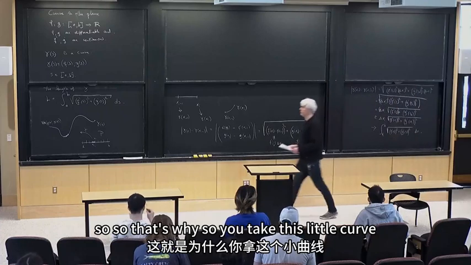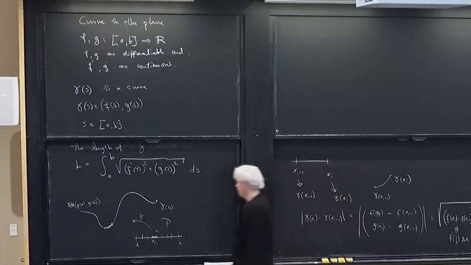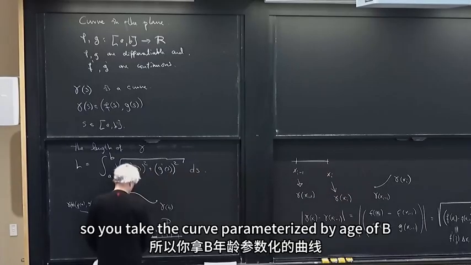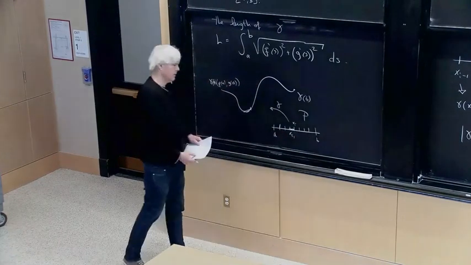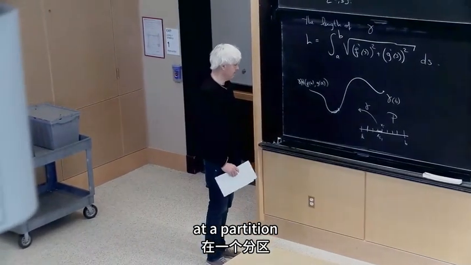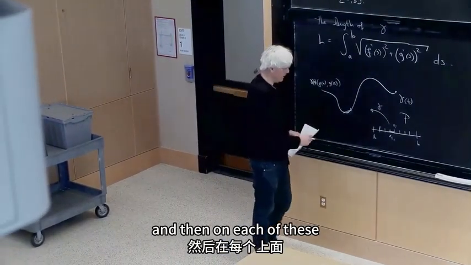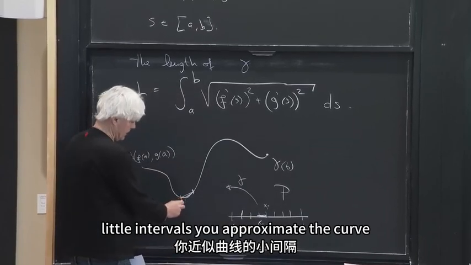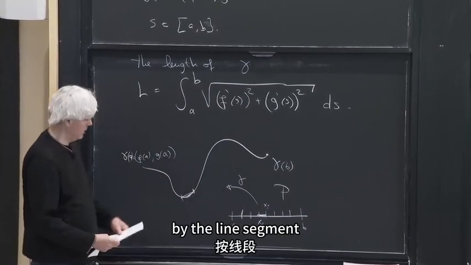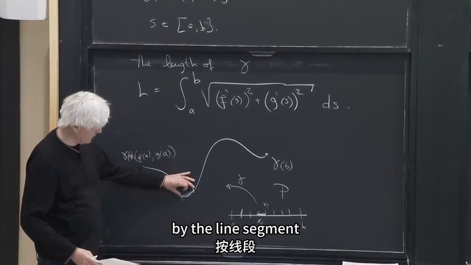So you take this little curve, parameterized by a to b, and you look at a partition. On each of these little intervals, you approximate the curve by a line segment.